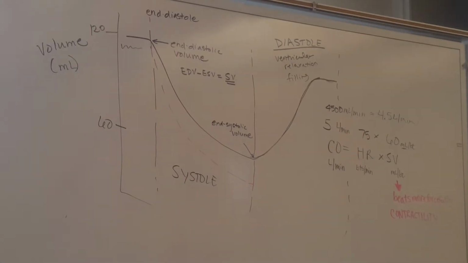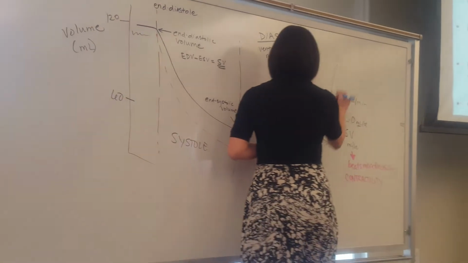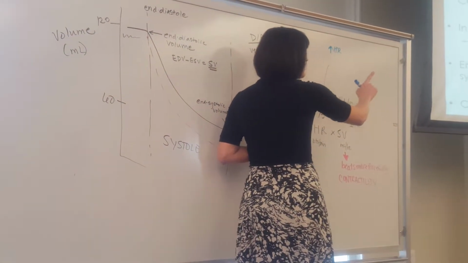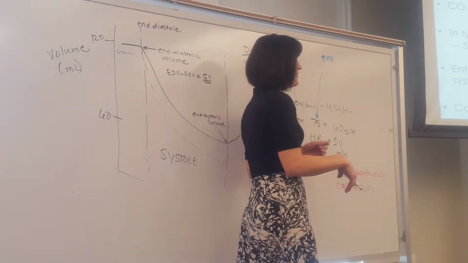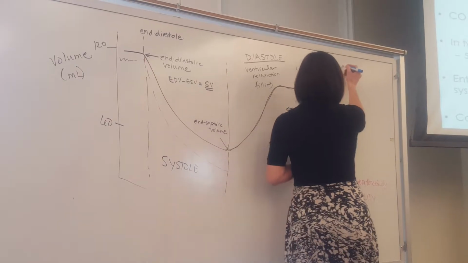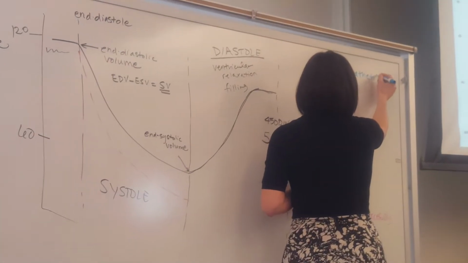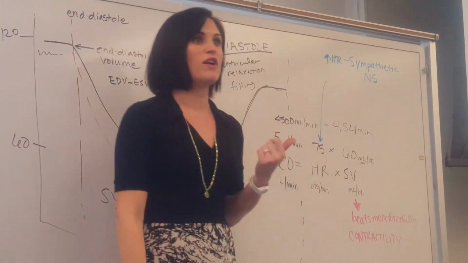What causes heart rate to go up? What specifically makes heart rate go up? The sympathetic nervous system. All right, the sympathetic nervous system makes heart rate go up.